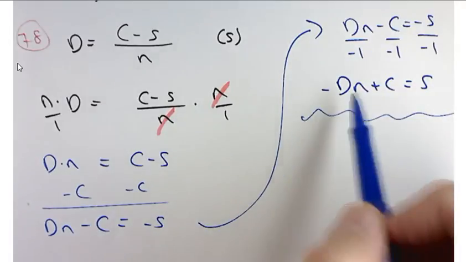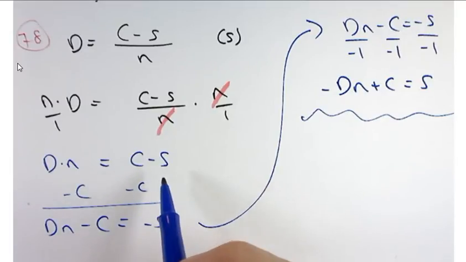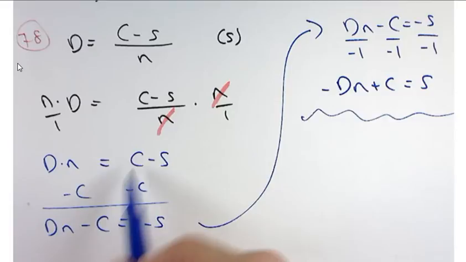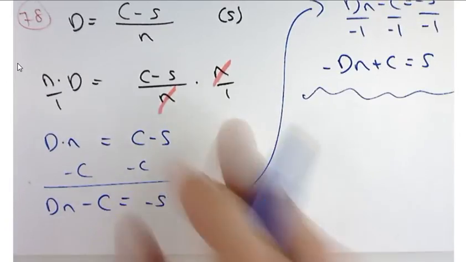So are we okay with our solution for s here? Kind of a shortcut if you're comfortable with it. Notice what happens to the c when I move it to the other side. Started out here as positive c, ended up here like this. So effectively, what's the shortcut?